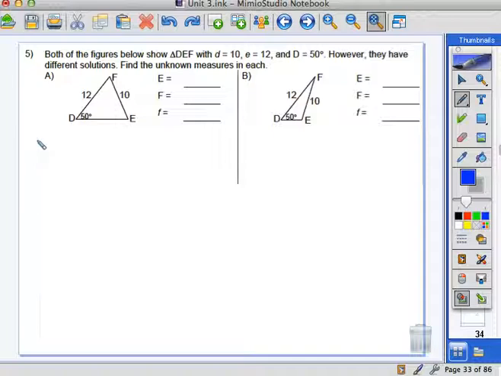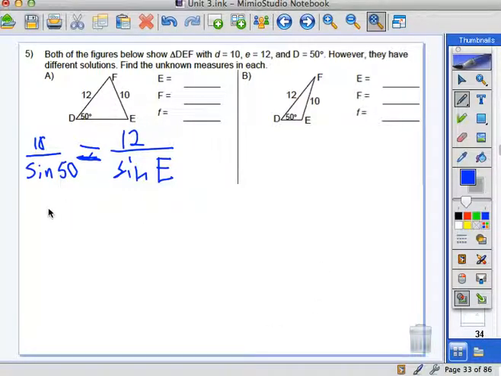We're still using our law of sines that we've learned before. In this case, our ratio is going to be 10 divided by sine of 50, and we're setting that equal to the ratio of side E, which is 12, divided by sine of E. We've done this a million times, so we know that eventually we'll cross multiply and divide, and we'll have sine E equal to a ratio.